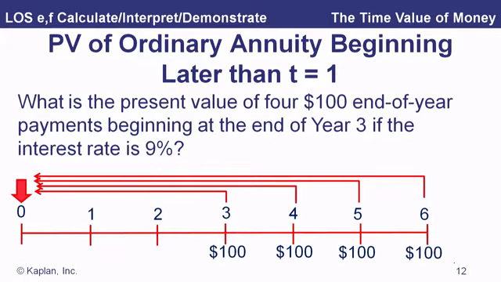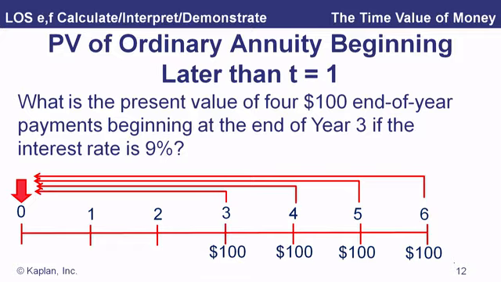Now, what if we've got an annuity that doesn't start at period 1, or period 0 for that matter? Here we've got a 4-year annuity. It's $100 a year at the end of each year, beginning at the end of year 3, and our interest rate is 9%.